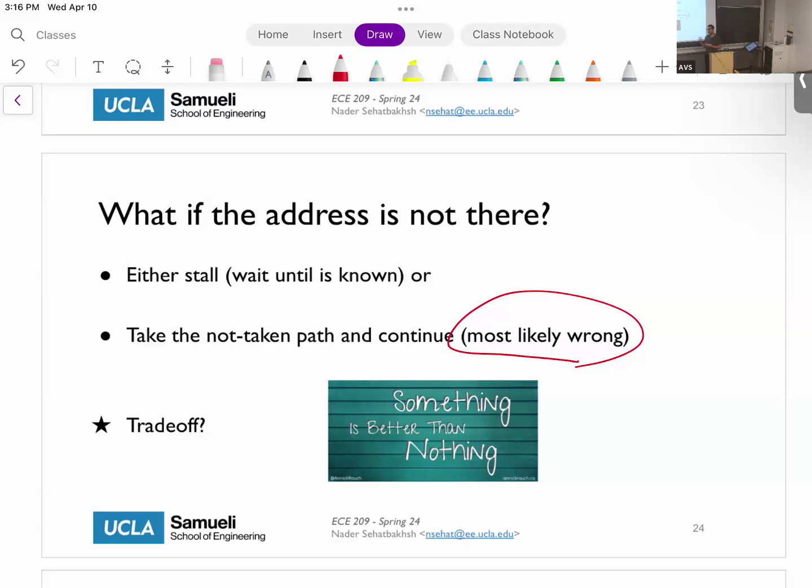So can you give me the pros and cons of each approach? Which one would you choose and why? Would you stall your processor to know the outcome, or would you continue not taken, and then you might make a mistake and you have to recover?